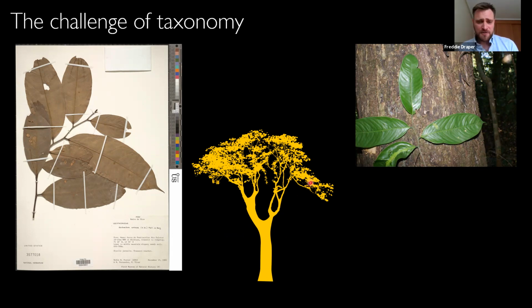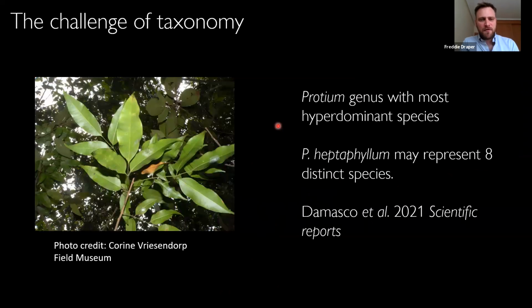And I think there's some emerging research focused on this one species, the most common species, that suggests it might well be a species complex that actually consists of a number of discrete species within the Eschweilera coriacea complex. Another example came out very recently in the literature, just a couple of weeks ago: Protium heptaphyllum. Protium is a really important genus in Amazonia, and it's the genus with the greatest number of hyperdominant species.